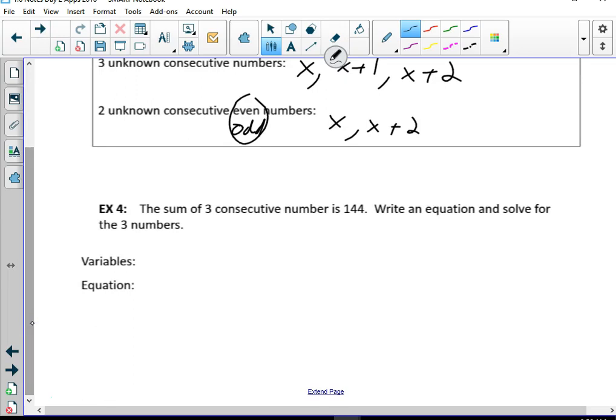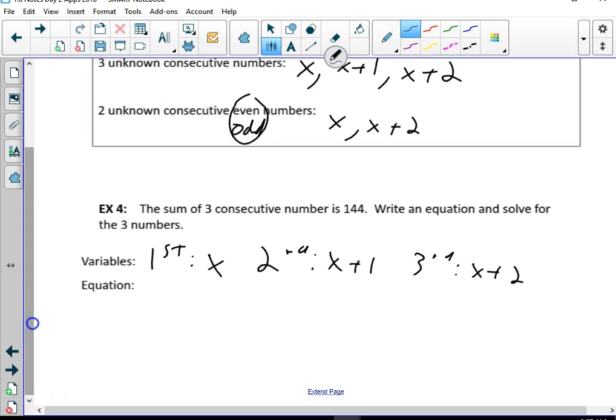Okay, the sum of 3 consecutive numbers is 144. Okay, 3 consecutive numbers, back to back. So what's my first number? No, we don't know. X, good. What's my second number? X plus 1, very good. And what's my third number?